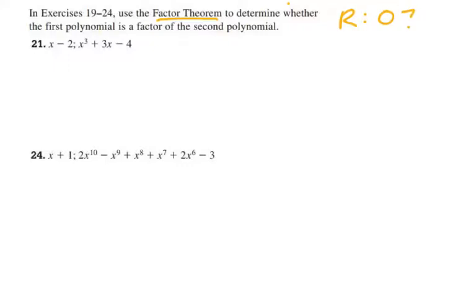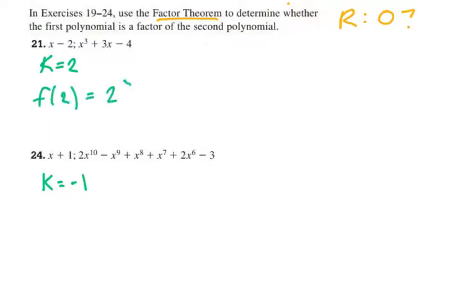So, since both of these in these problems are linear binomials, we can go ahead and do, actually, I'm not going to do long synthetic division. I'm just going to plug in the number. So the number I'm going to plug in this one is 2. It's the opposite of the factor. And then in this one, it's negative 1. So all I need to do is plug in f of 2 into this equation.